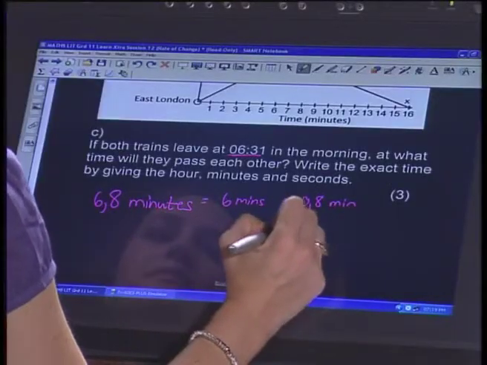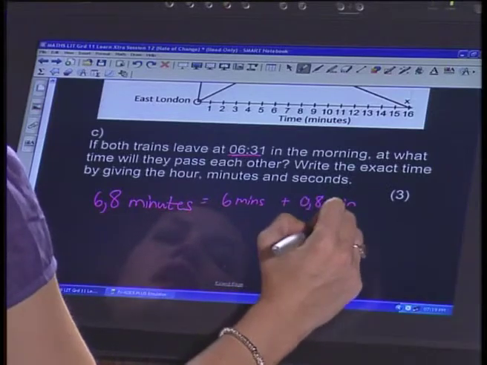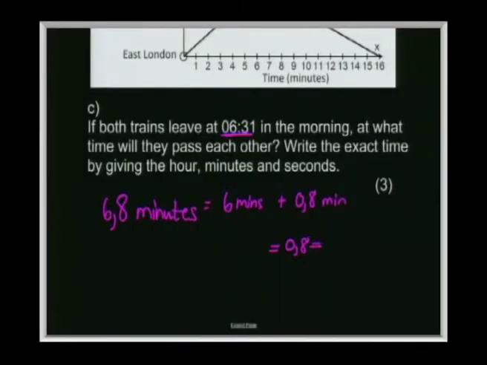So how do we convert minutes into seconds? Well, 0,8, and we have to multiply it by 60 to get our answer in seconds. I'll leave that for you to do.